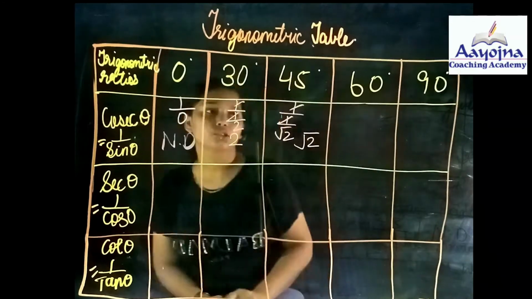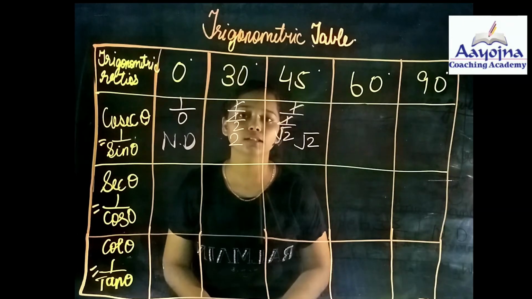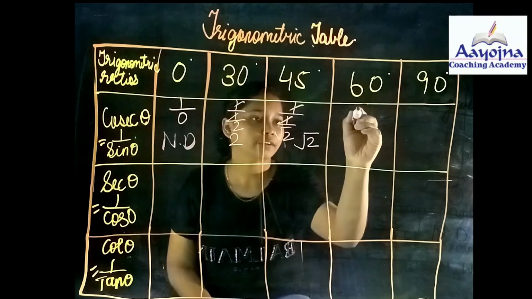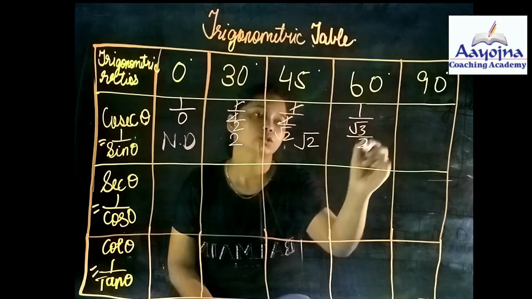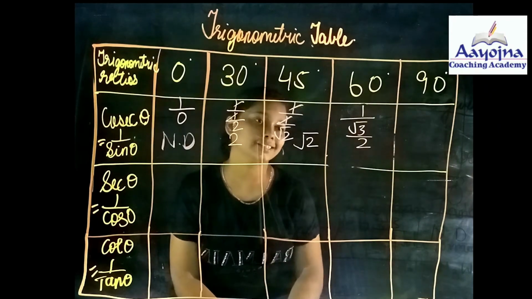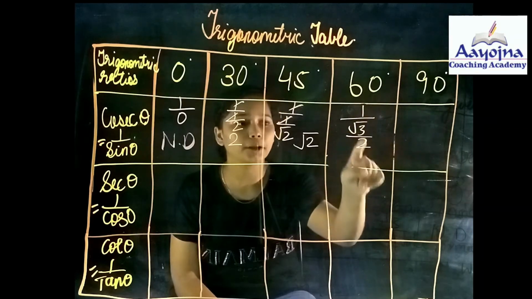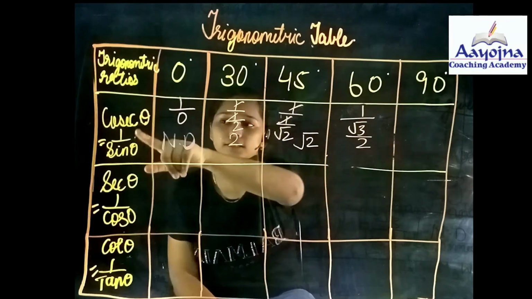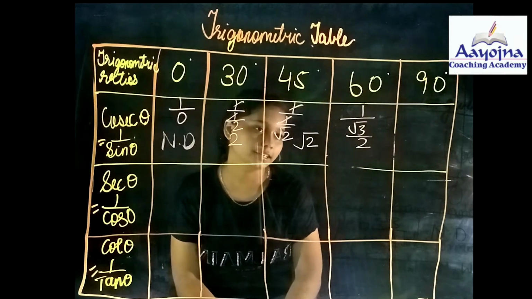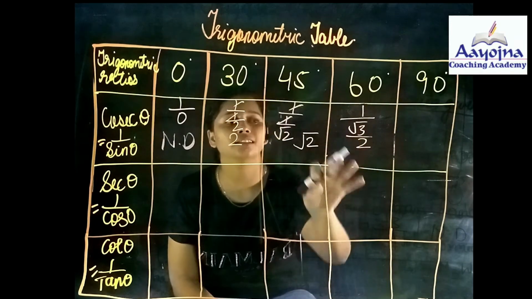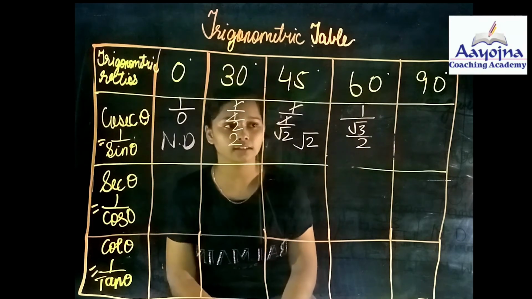Now 60 degree. The value for sine 60 degree was root 3 upon 2. We will divide 1 upon root 3 upon 2. As the formula says 1 upon sine theta, the value of sine 60 degree was root 3 upon 2. There is nothing over here which can be cancelled.